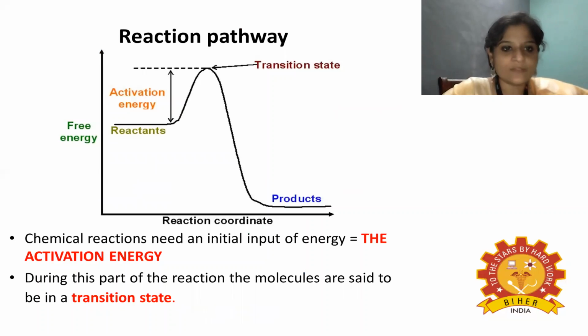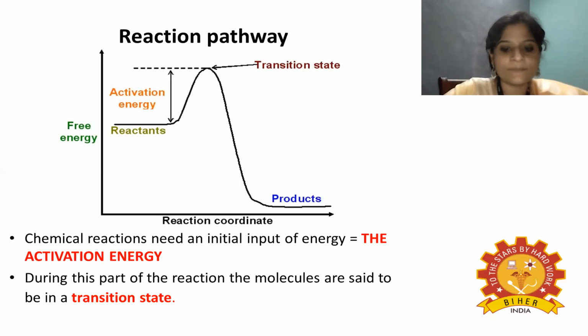So, a reaction pathway. We can see the graph between reaction coordinate and free energy. The reactants undergo a transition state, that is, a transformation of the reactants into products. Look at the activation energy. Chemical reactions need an initial input of energy called activation energy. Like I have given the formation of water as a best example for the process.